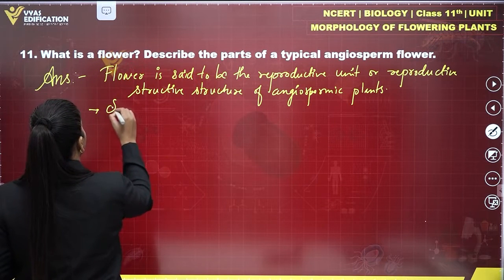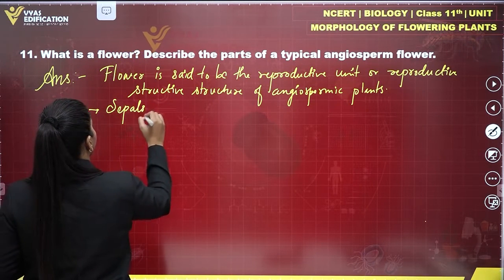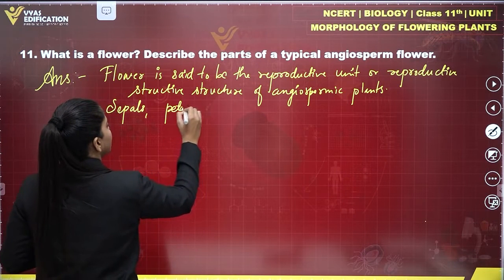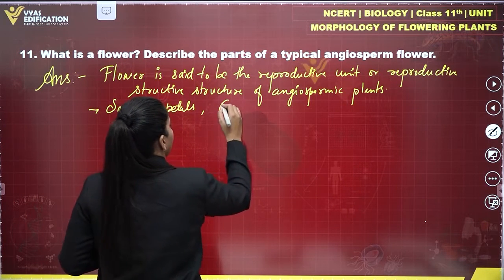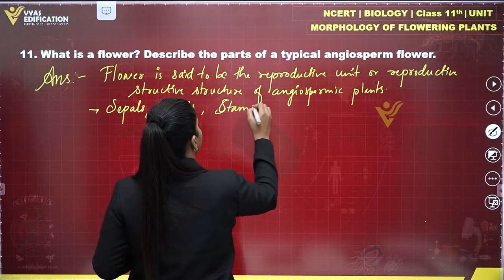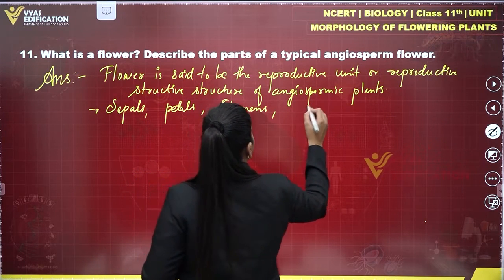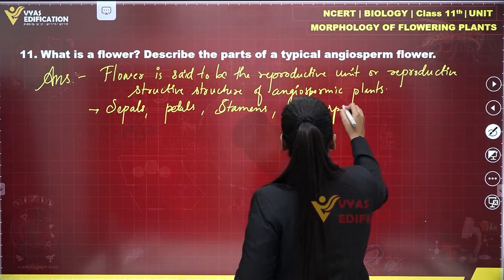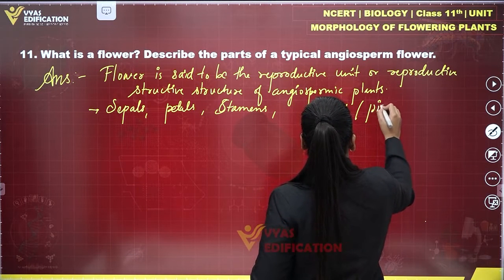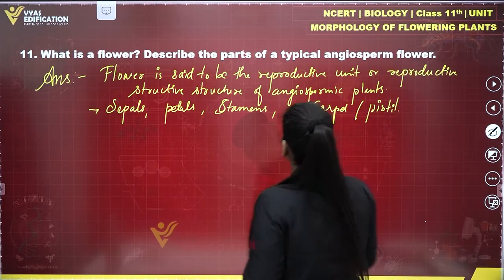If we talk about the typical parts of a flower or angiospermic flower, then there are sepals, petals, stamens and carpel or pistil, right?